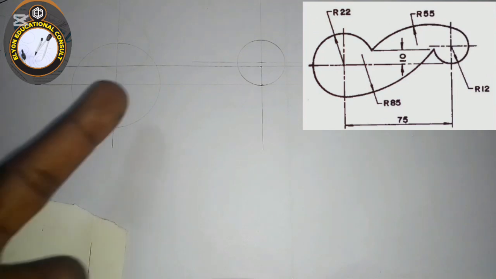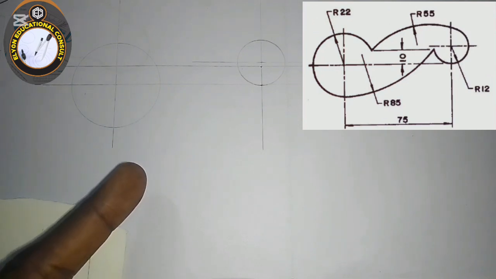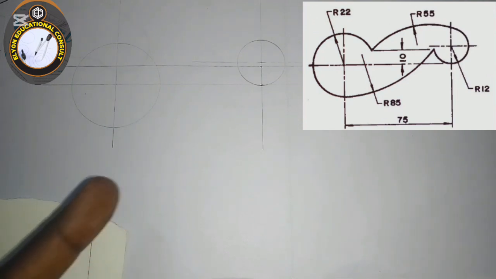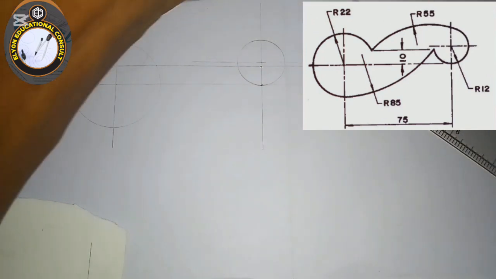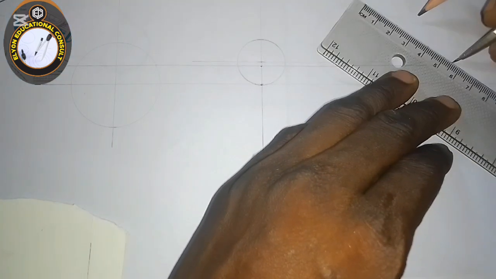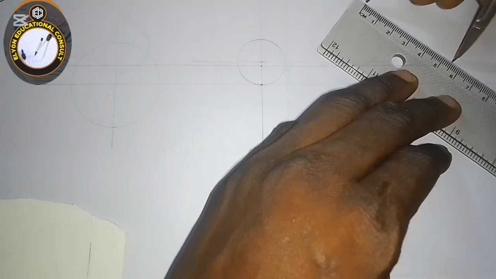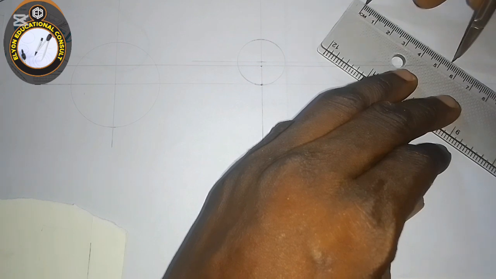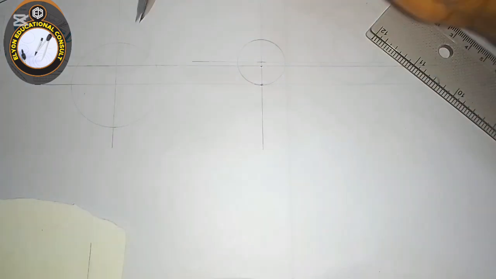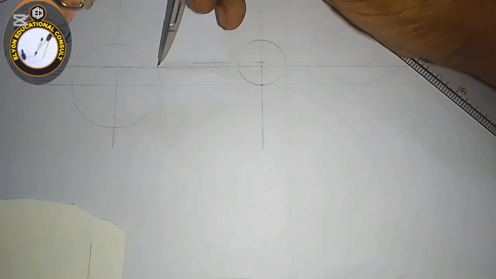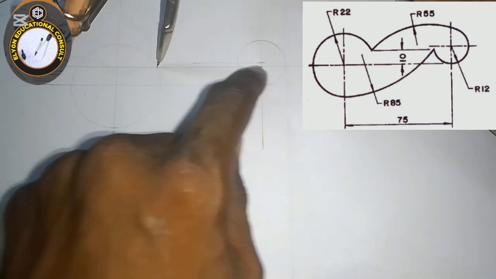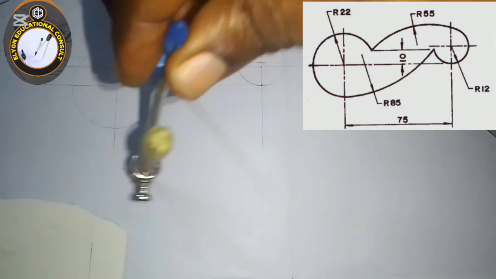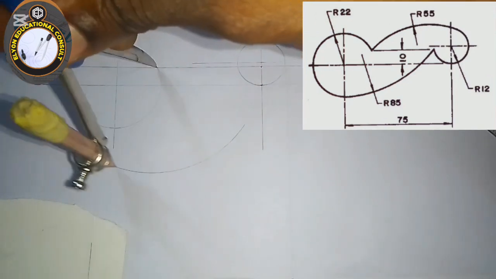Now we are given that the arc there is 55. So I'm going to measure 55. I will measure 55. This is 55. Place at this point here, at this point where we have that 10. Then strike an arc down this way.